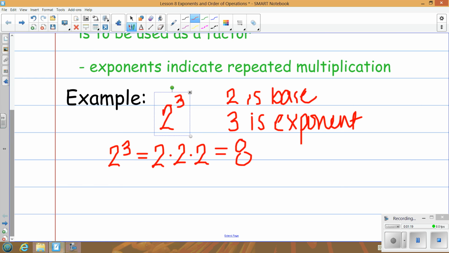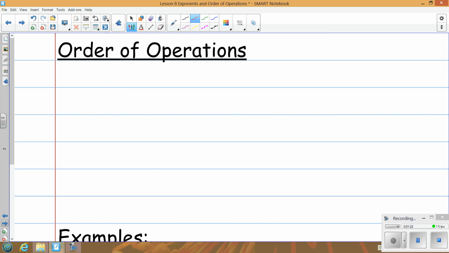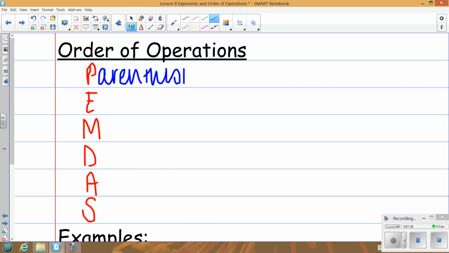So now, with that said, order of operations is the next important thing, and a lot of you have heard of this as PEMDAS. To refresh your memory on what these letters stand for, P stands for your parentheses. So that means you're always going to do operations in parentheses first.